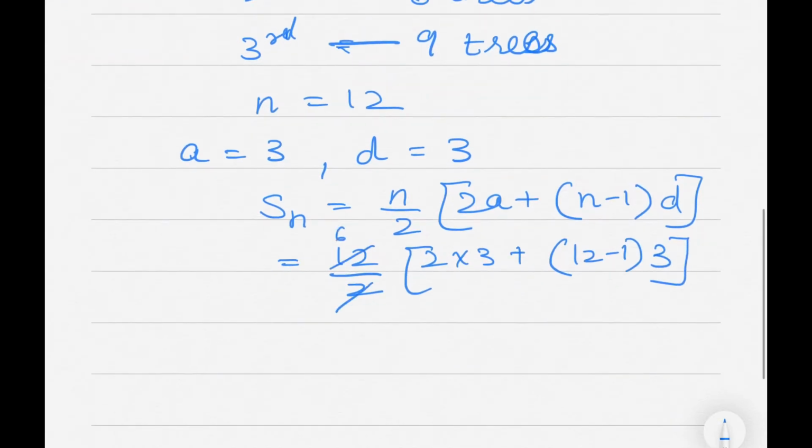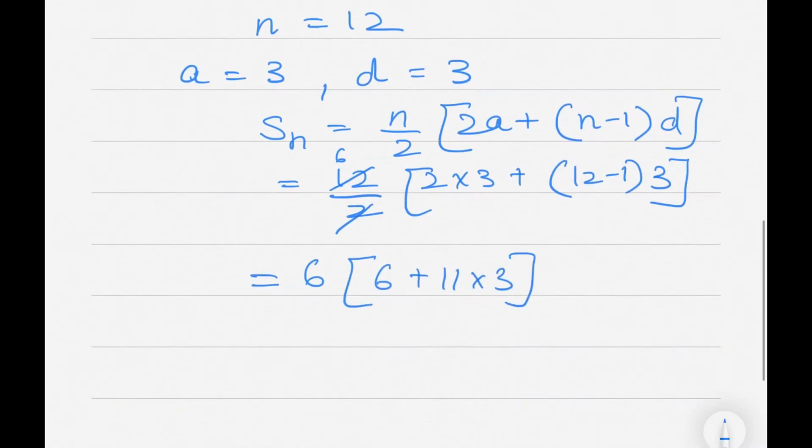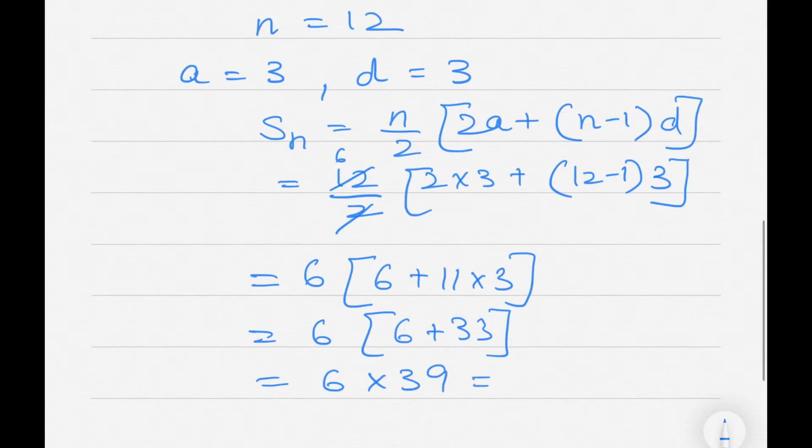So this becomes 6, into 6 plus 11 into 3, so 6 plus 33. So I'll get 6 into 39. 9 6s are 54, 18 and 5 is 23. So all the students have together planted 234 plants, right?